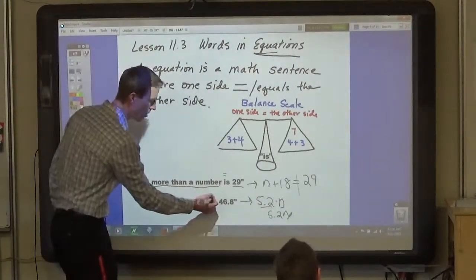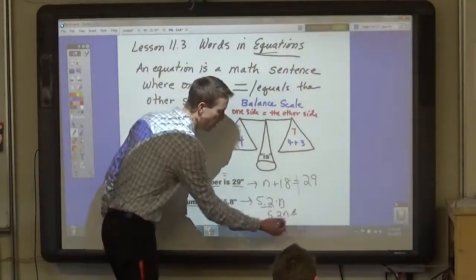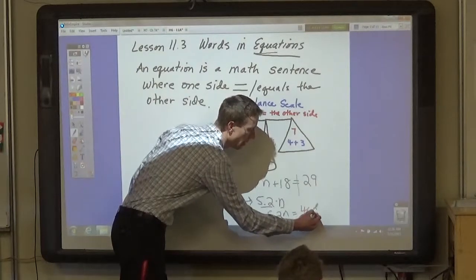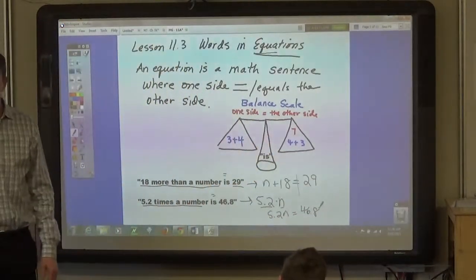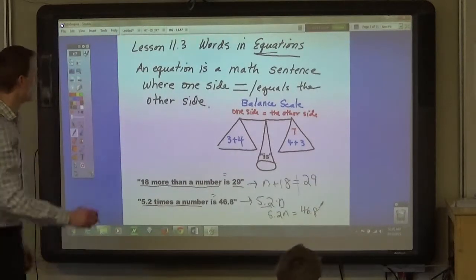Then we have this word is, so put the equal sign, 46.8. And that's the other side of the equation. Okay? Any questions on those?